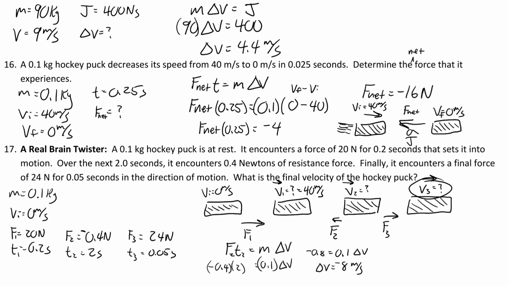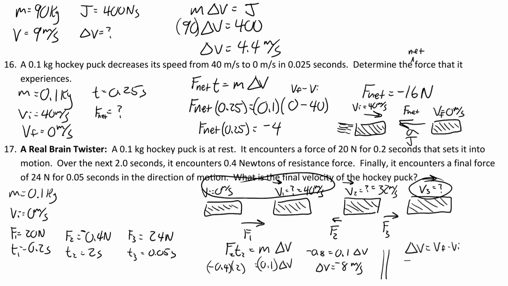Conceptually, hopefully you can say, it was 40, I'm changing it by negative 8, so now this should be 32. If you needed an equation, you could say the change in velocity is equal to VF minus VI. We kind of skipped this step in the previous problem when we did this jump.